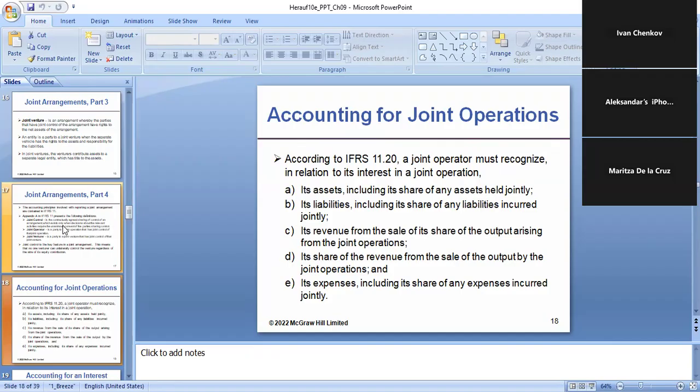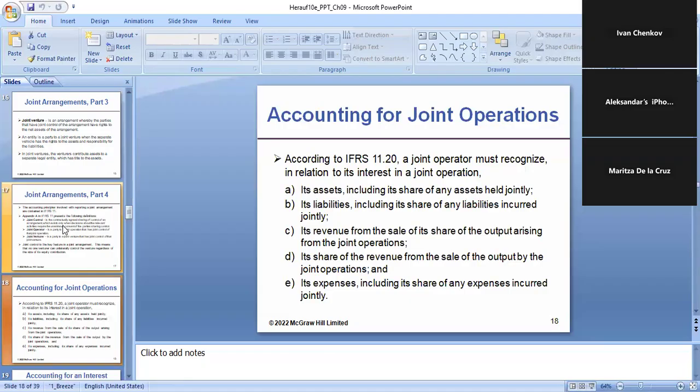Here we're holding the assets jointly. In the joint operation, we're not releasing the ownership of the assets. We're holding the assets when we're holding them jointly. Liabilities, including the share of the liabilities incurred jointly.